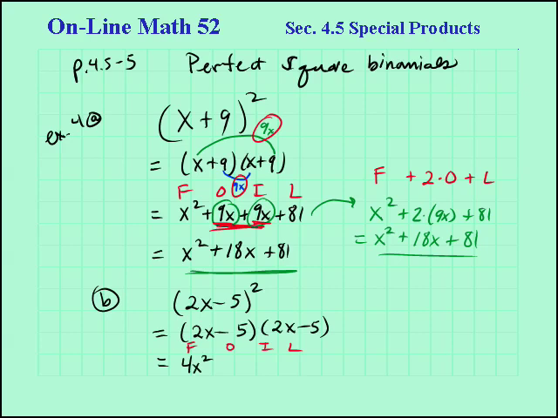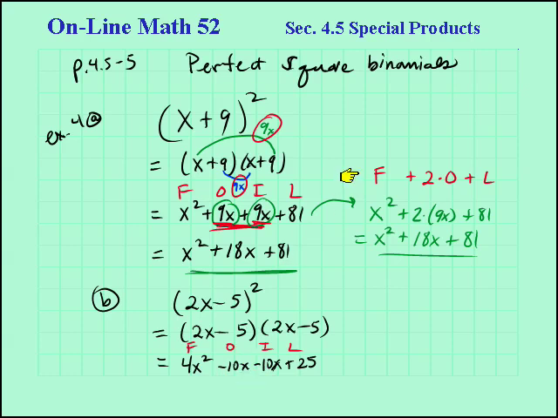The outer product is negative 10x. The inner product is also negative 10x. And the last product is a positive 25, because it's negative 5 times negative 5, and a negative times a negative is positive. But again, notice, outer and inner are exactly the same. They'll add up to negative 20x.